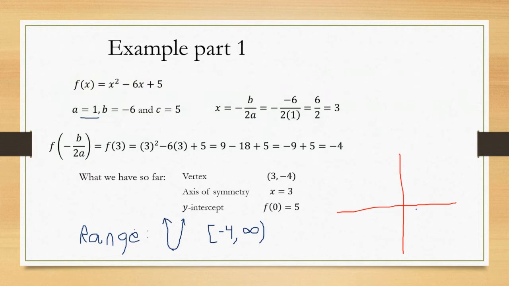Before we even get to doing x-intercepts, we know there's got to be x-intercepts. Some quadratic functions don't have x-intercepts, but this one we know is in this quadrant. I don't know where exactly the point is, but that doesn't matter now. It's in this quadrant, and we know that A is positive, right? So we know the graph has to do something like this.